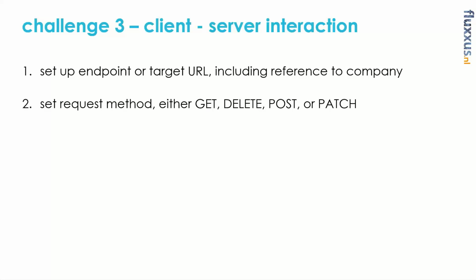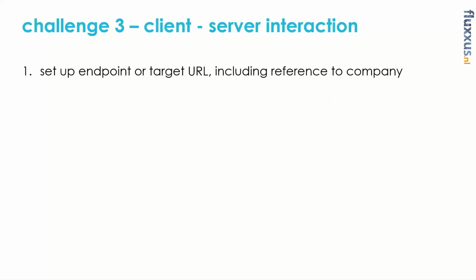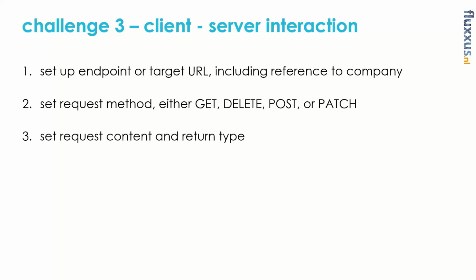Then we need to set the request: a get, a delete, a post, or a patch. And of course, we need to set up a couple of things for the content and return type, and eventually send that to the API.